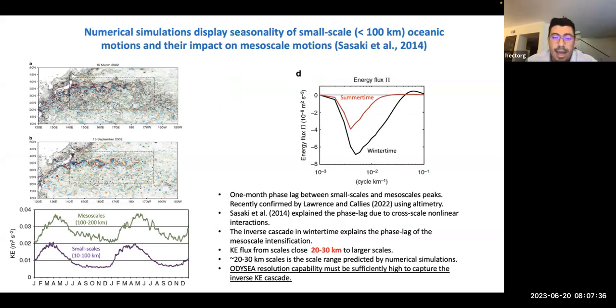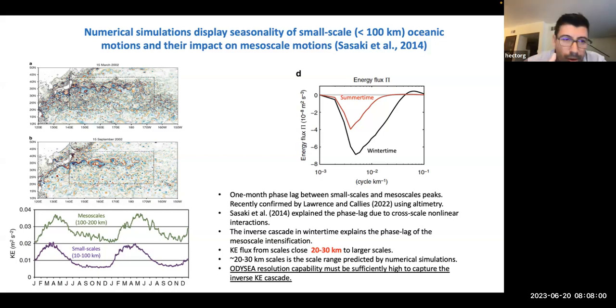And so in Sasaki et al. 2014, with a bigger numerical simulation with more spatial and temporal resolution and model outputs, they found that this kinetic energy cascade also experiences a seasonality.